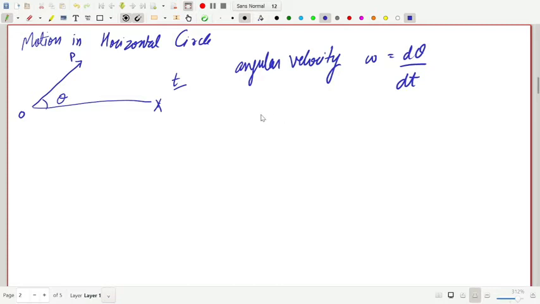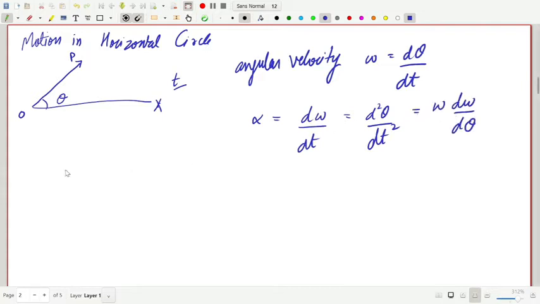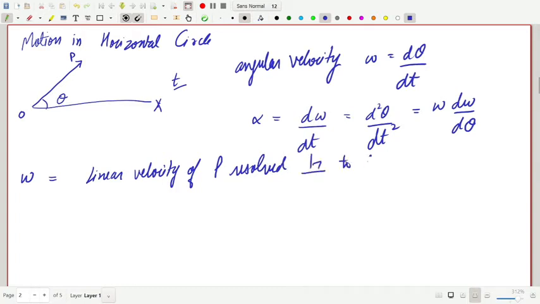Angular acceleration alpha is given by d omega by dt, that is d square theta over dt square, or omega d omega over d theta. Angular velocity of P about O is also equal to the linear velocity of P resolved perpendicular to OP, over OP.